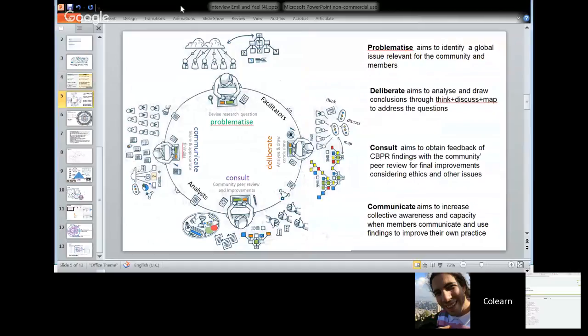Here in this second screen, you can see that we are using a process for CBPR that starts with problematization, when everybody talks to each other to identify a global issue, common problems, based on the community and the participants' interest. Then the second moment is deliberation, when we start the discussion, analyzing the different opinions, and they try to draw conclusions based on evidence.